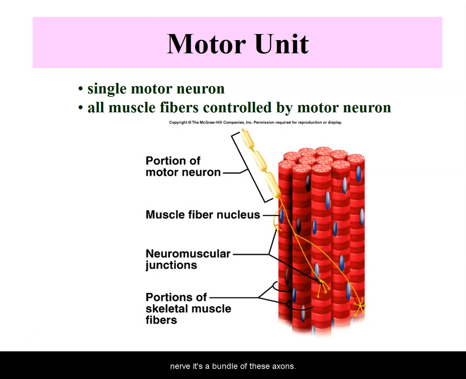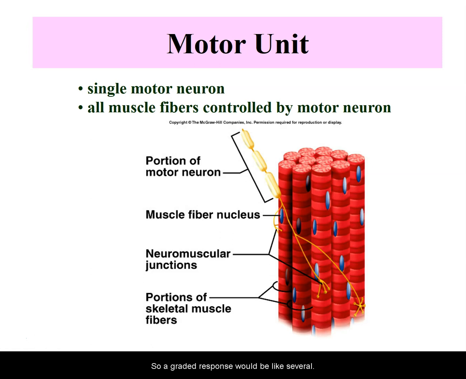It's a bundle of axons. So this is just one very small portion of that motor nerve. An axon is from a single motor neuron. A single motor neuron will have only one axon. A motor nerve has many, many motor neurons.